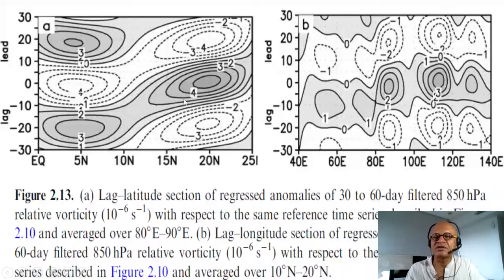And if you look at the latitude averaged zonal propagation feature, so this is the lag longitude section with respect to the same reference time series. This one is averaged 10 north to 20 north, so from the peninsular India over to the core monsoon zone.